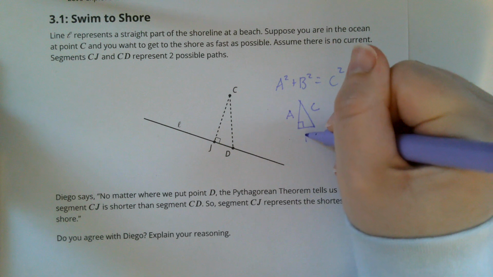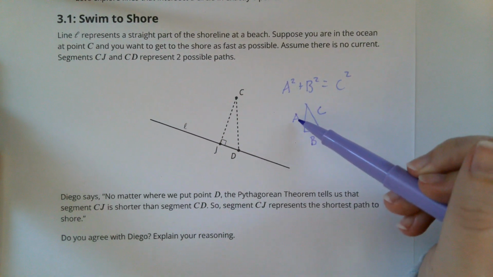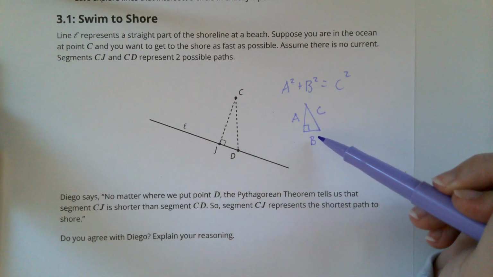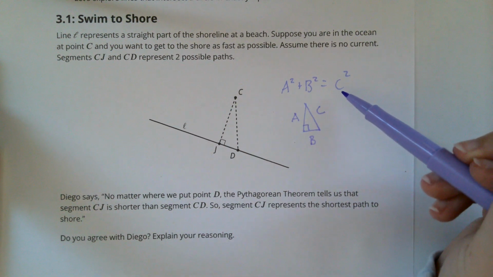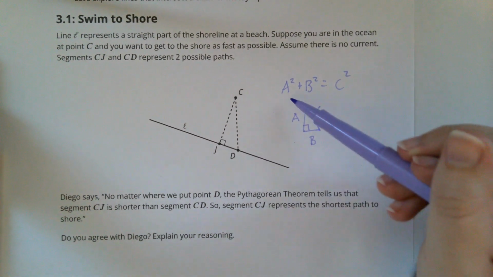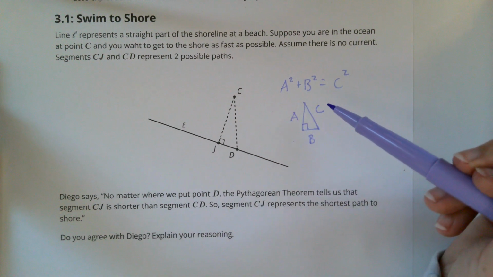Doesn't matter which one's which. Even if a was like 100 and b was something really, really tiny, c would still end up being a little bit more than 100. And of course, if a was 100 and b was 0, then it wouldn't be a triangle. It would just be a line.